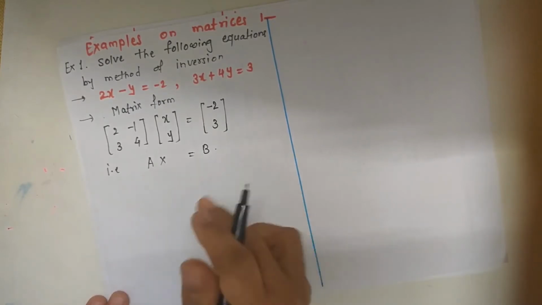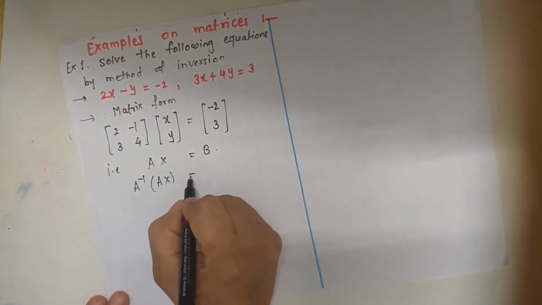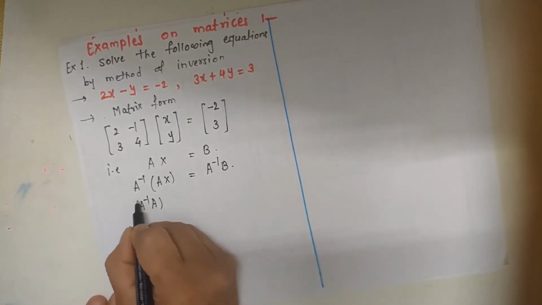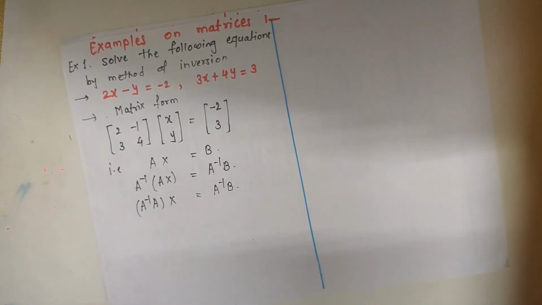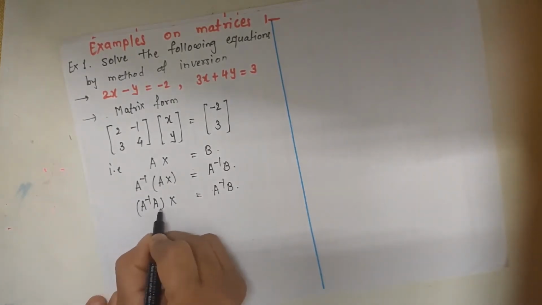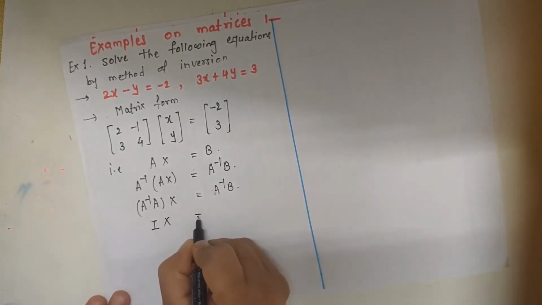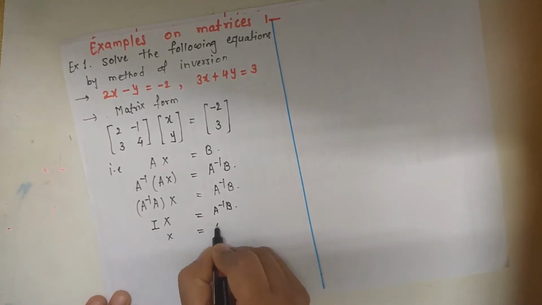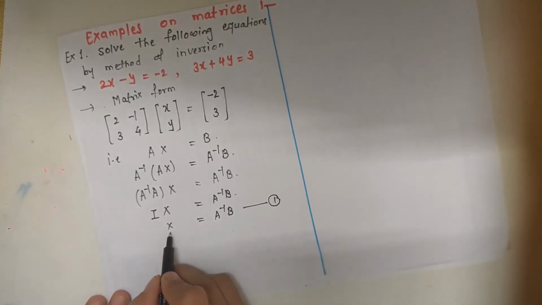So pre-multiplying by A inverse, A inverse into A into X is equal to A inverse into B. This can be written as A inverse A into X is equal to A inverse B. Now by the definition of the inverse of a matrix, A inverse A is the identity matrix I, so I into X is equal to A inverse into B. This can be written as only X is equal to A inverse B. This is the first equation.